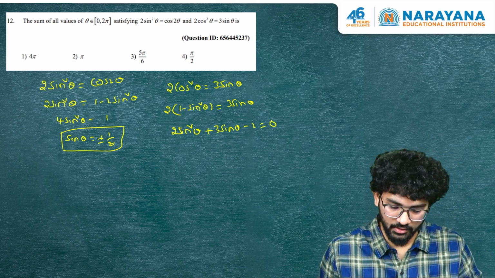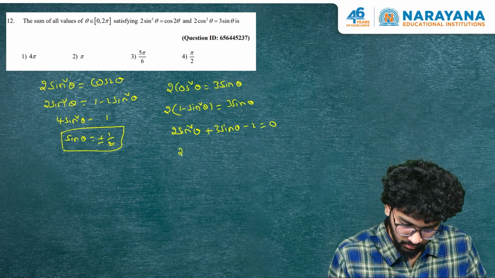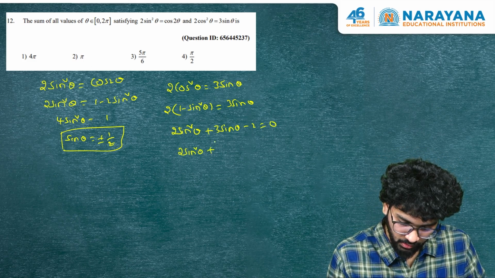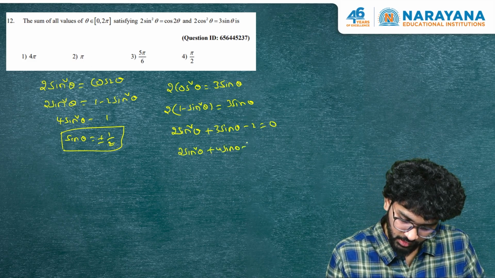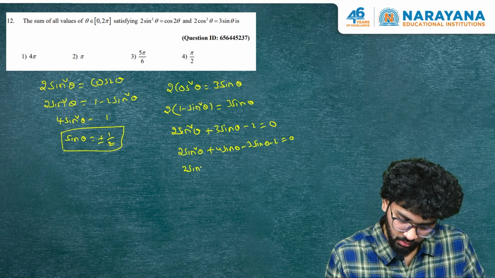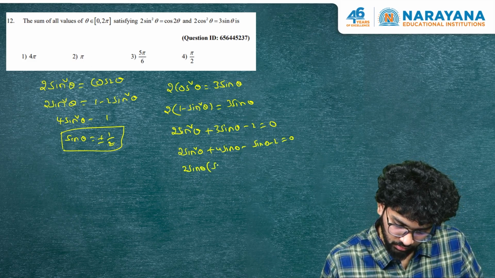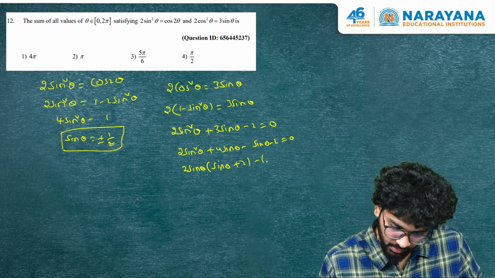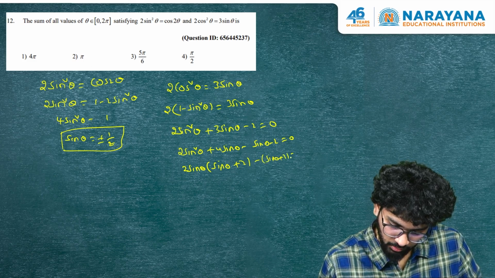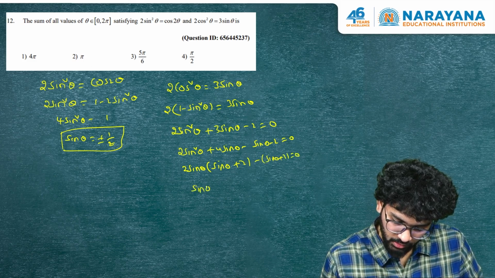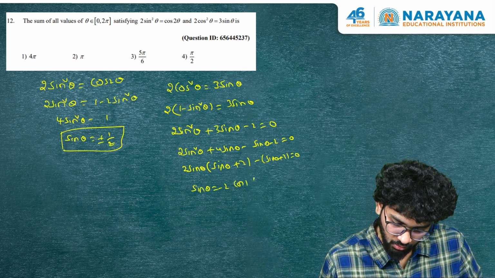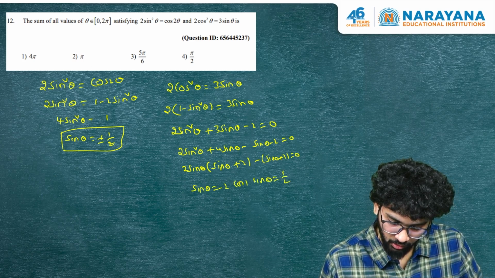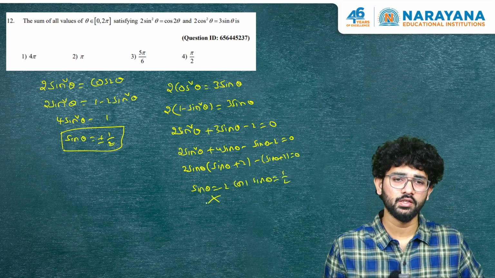If I factorize this, I will get 2 sin square theta plus 4 sin theta minus sin theta minus 2 equal to 0. Taking 2 sin theta common, (sin theta plus 2)(2 sin theta minus 1) equal to 0, which means sin theta equal to minus 2 or sin theta equal to 1 by 2. Sin theta equal to minus 2 is anyway not possible because the range of sin theta is minus 1 to 1.